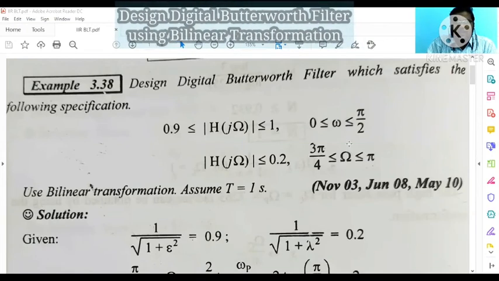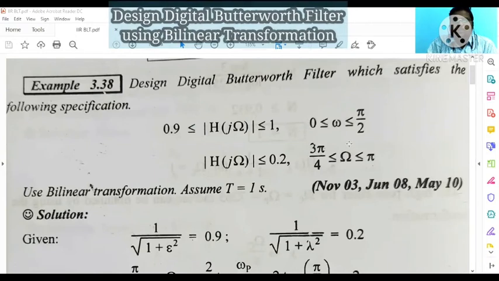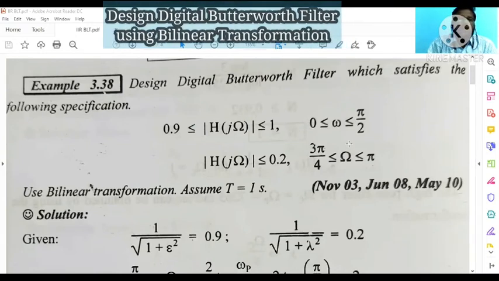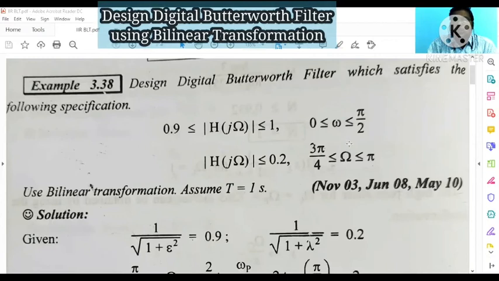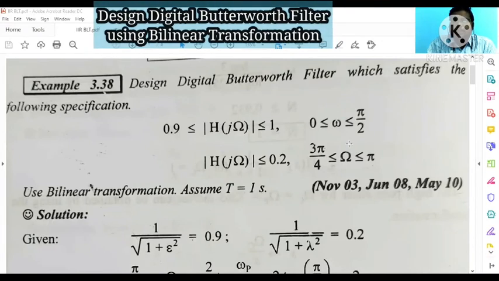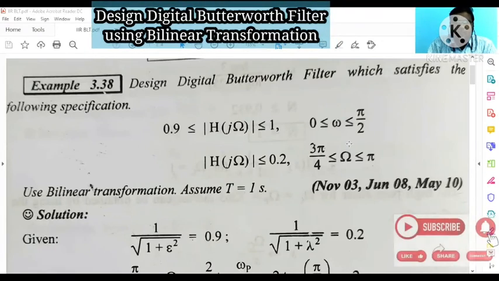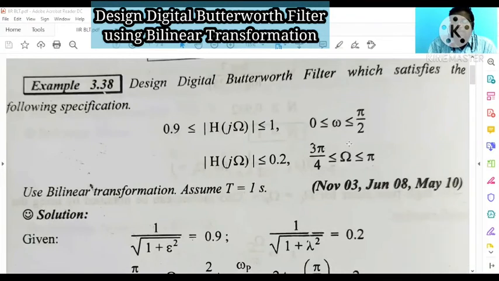Today, in this lecture, we will learn about how to design a digital Butterworth filter by using bilinear transformation.